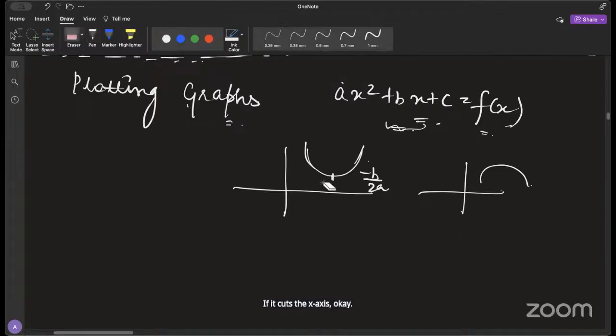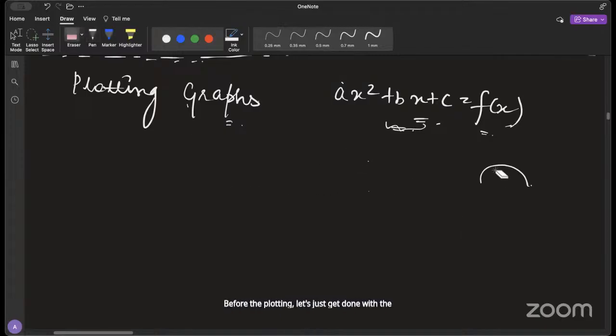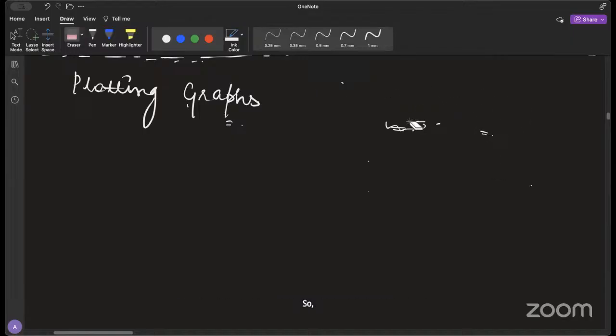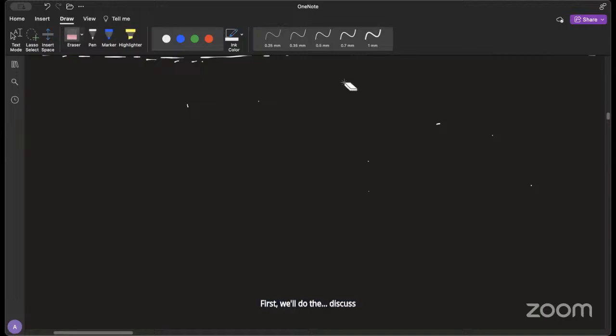Okay, it's before the plotting. Let's just get done with how to find the roots. So we'll do things in this order. First, we'll discuss the last method to find roots, which is the quadratic formula.